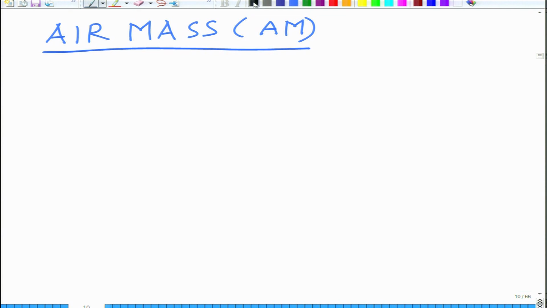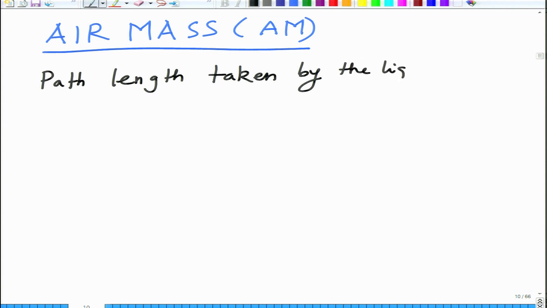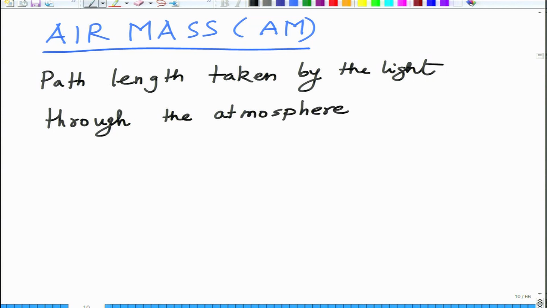This air mass is basically the path length taken by the light through the atmosphere, which is normalized with respect to the shortest path.